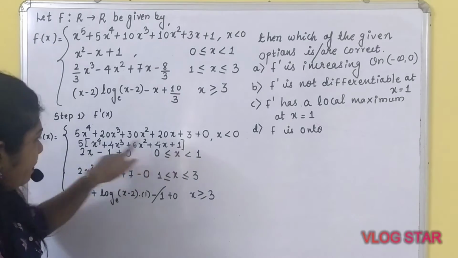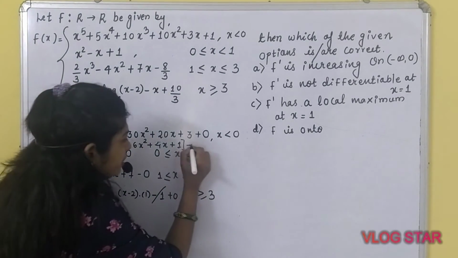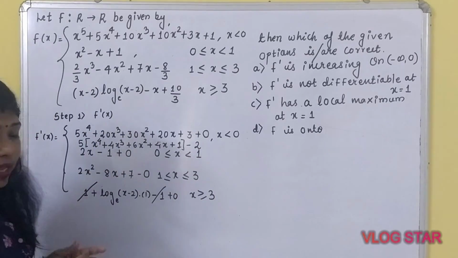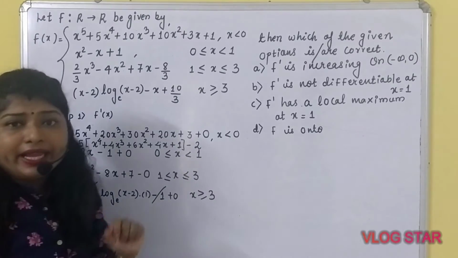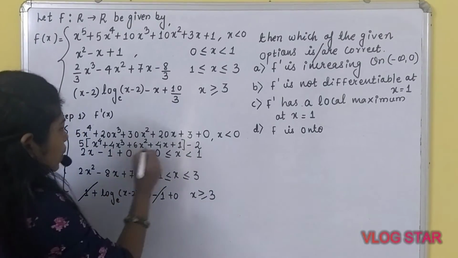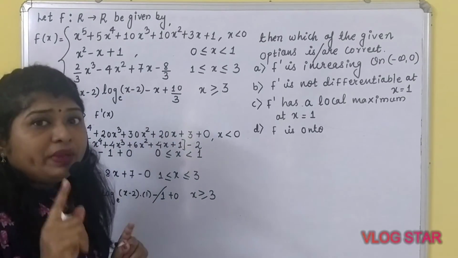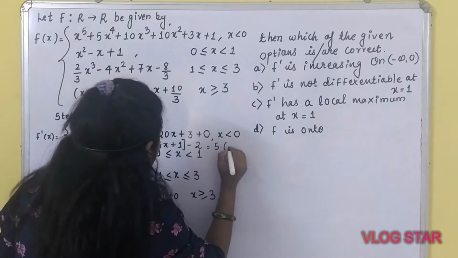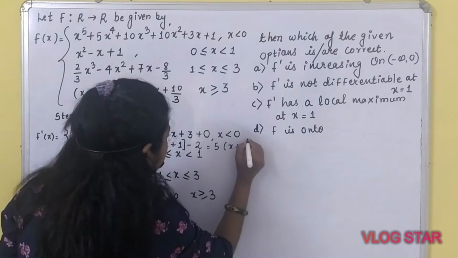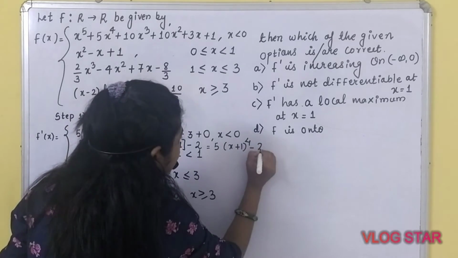If I consider plus 1, here we need to consider minus 2, because plus 5 minus 2 would be 3. As you know, as per the binomial expansion, this will become 5 into (x plus 1) raised to 4 minus 2.